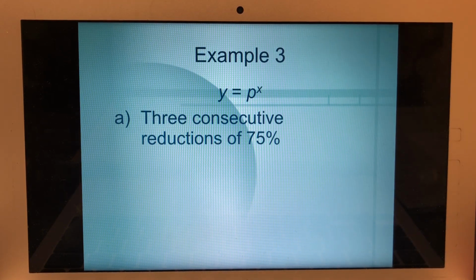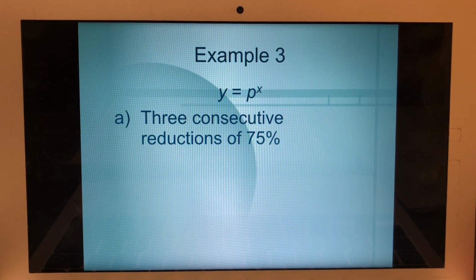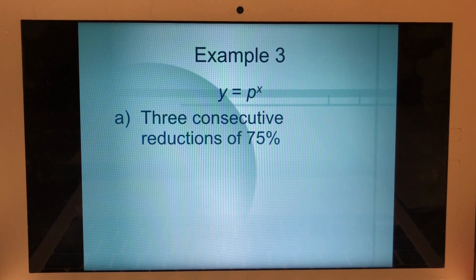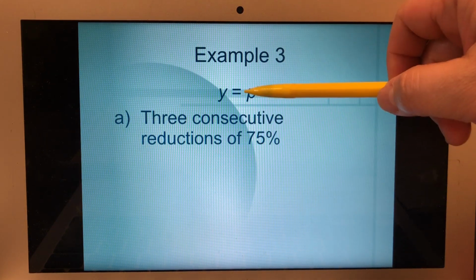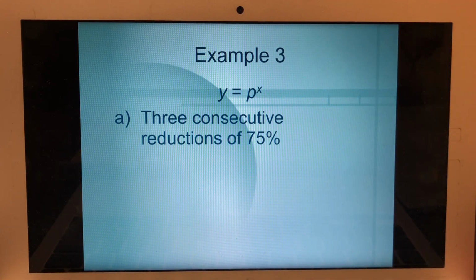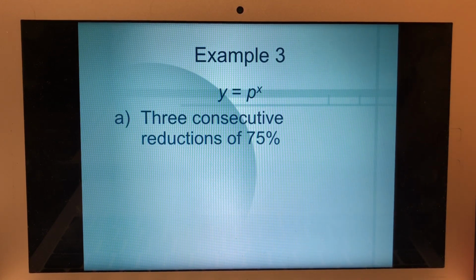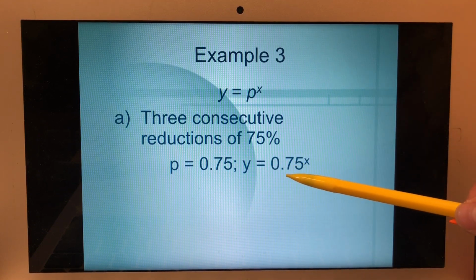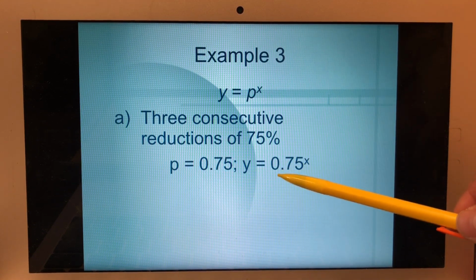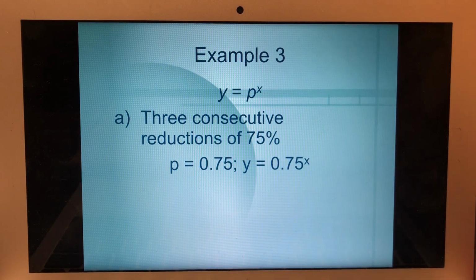So let's say that we have 3 consecutive reductions of 75%. Our p is 75% or 0.75. So if we plug that into our equation, y equals 0.75 to the x power.